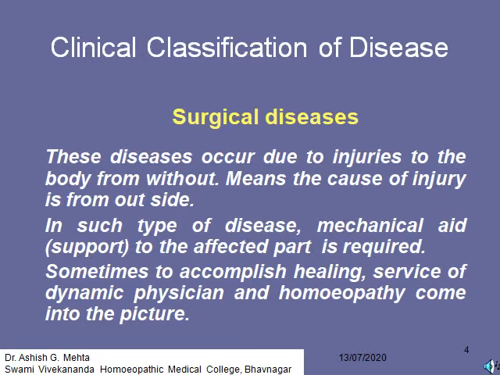In such types of diseases, the mechanical aid, or we can say support to the affected part, is required. If we take the example of a fractured bone due to an accident or any kind of fall or injury, in such cases, these diseases are known as surgical diseases, where the mechanical aid is required to support, to reform the union of the bone.